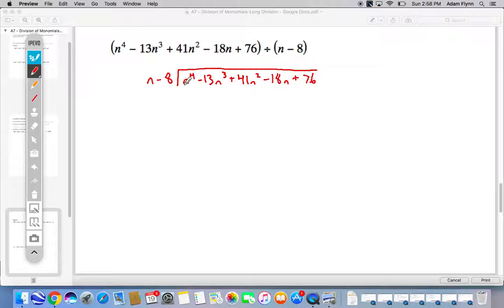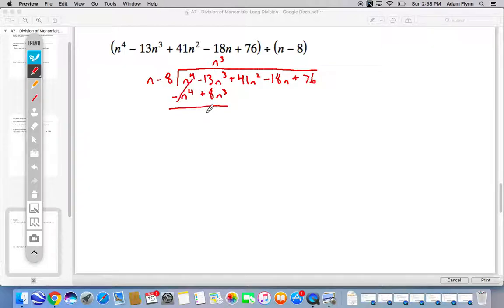Okay, so n to the fourth divided by n is n cubed. N times n cubed is n to the fourth. And negative 8 times n cubed is negative 8n cubed. So I'm subtracting, so I'll switch my signs. These cancel.